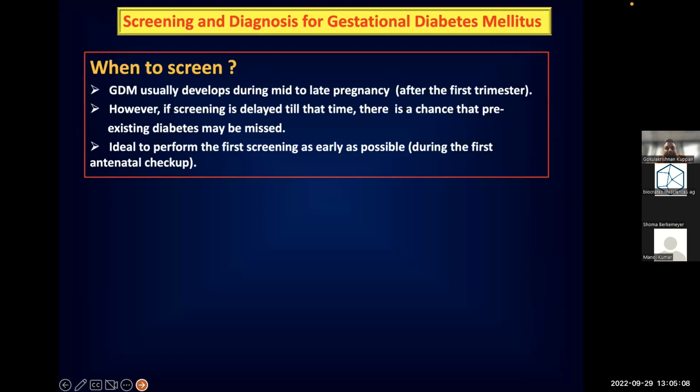GDM usually develops during mid to late pregnancy, that is 24 to 28 weeks. If screening is delayed till then, there is a chance that pre-existing diabetes may be missed, so the ideal time to perform the first screening is as early as possible, during the first antenatal checkup.